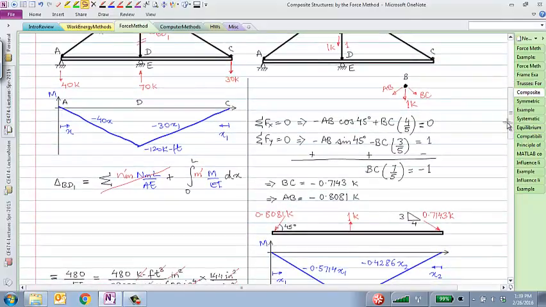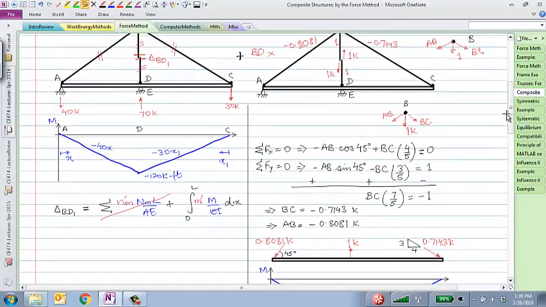And now we need to solve the delta BD. So now we need to solve delta BD using the virtual work method. So there are 2 parts. First part is the virtual work method for the truss, and the second is for the beam.